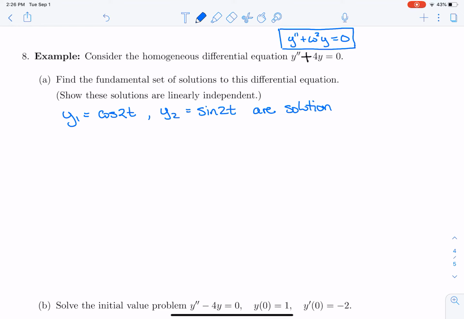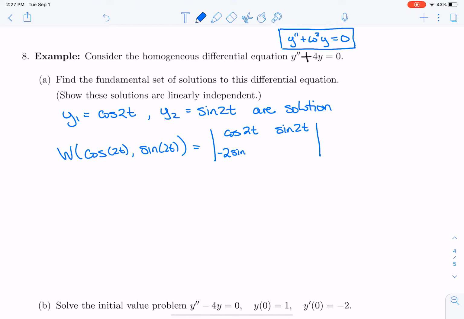Okay, so why do I know that they're linearly independent? Well, I would have to take the Wronskian of both. So I'm going to take the Wronskian of cosine 2t and sine 2t. So that's the determinant of the matrix that has cosine 2t and sine 2t. And then the derivative of cosine 2t is negative 2 sine 2t, and the derivative of sine 2t is 2 cosine 2t.